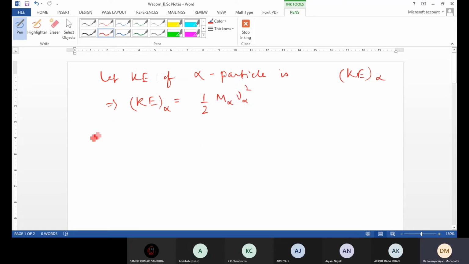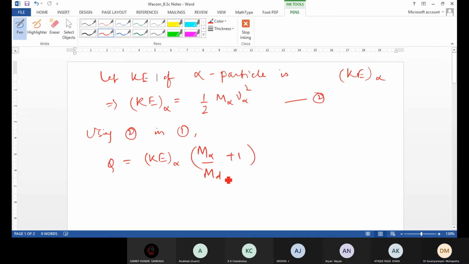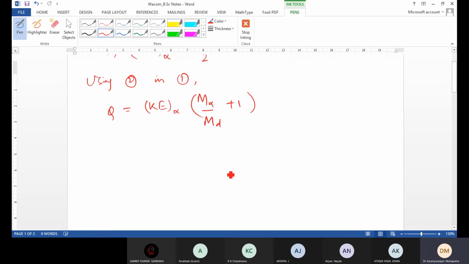Let's say this is equation 2. Using 2 in 1, what we will get? Q is equal to the kinetic energy of alpha times (m alpha by md plus 1). Understood? Yes or no? Okay.